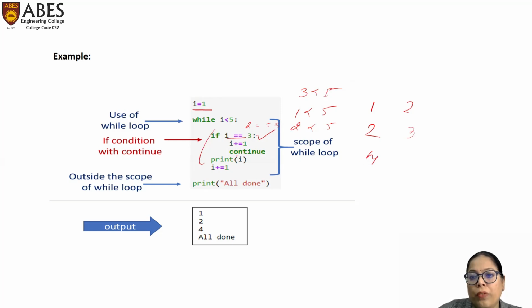And soon after it finds continue. As soon as it finds continue, it will just go here and after that it will print the next statement which is written just after the while statement, that is all done.